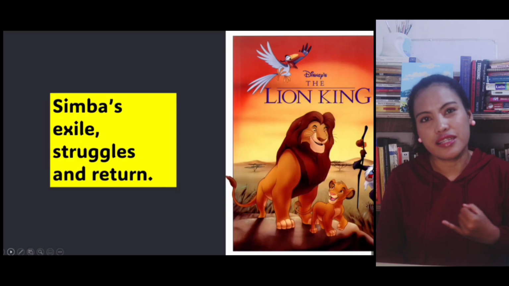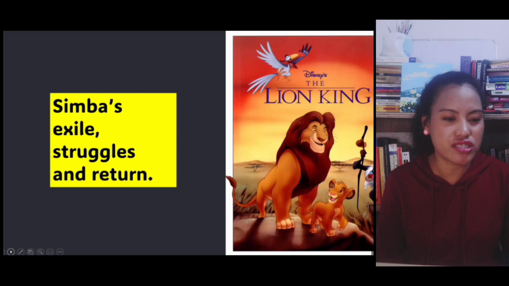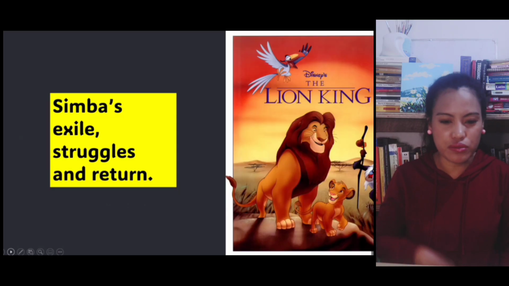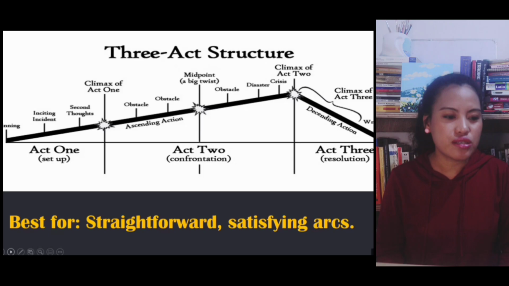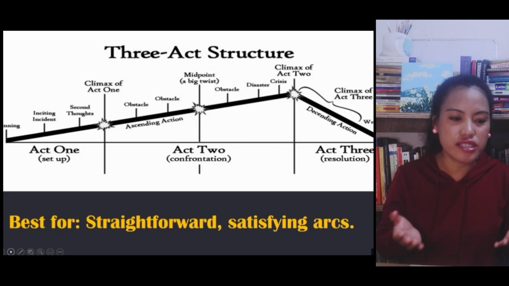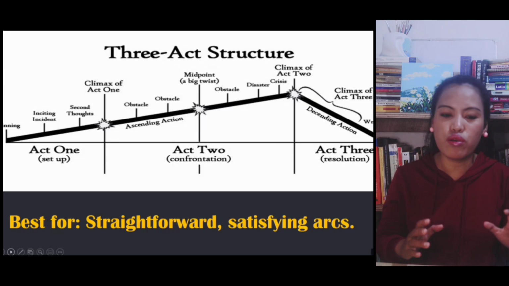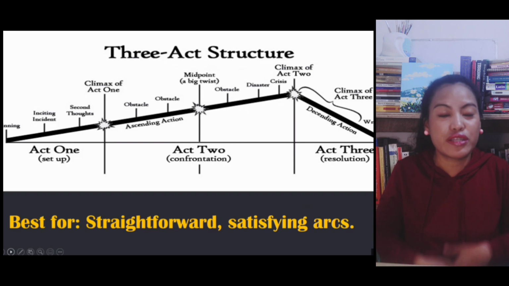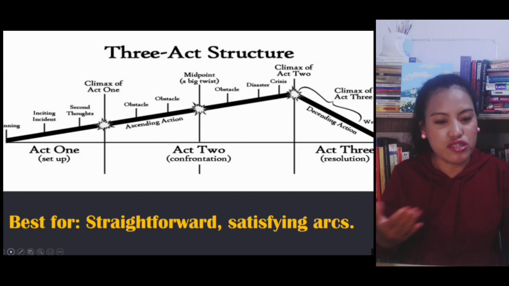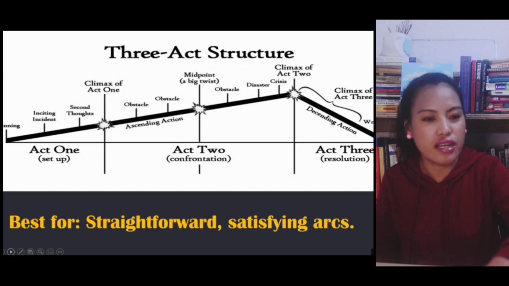The second act is focused on the struggles, and then the third act is focused on the return of Simba to the pride. So the three act structure is best for straightforward, and satisfying arcs. So this is very predictable, and this is often used in our movies nowadays.